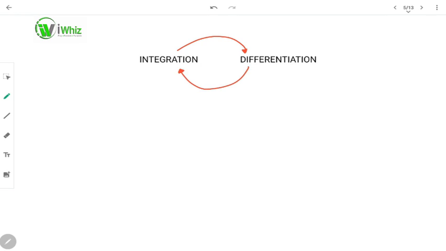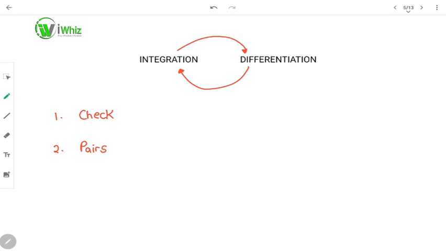There are two benefits of working this way. The first one is you get to check your answer. It's very important that you learn to check your answer using the reverse operation. And the second importance of learning both integration and differentiation is that they work together. So you learn them in pairs, so you can learn both sections at the same time.